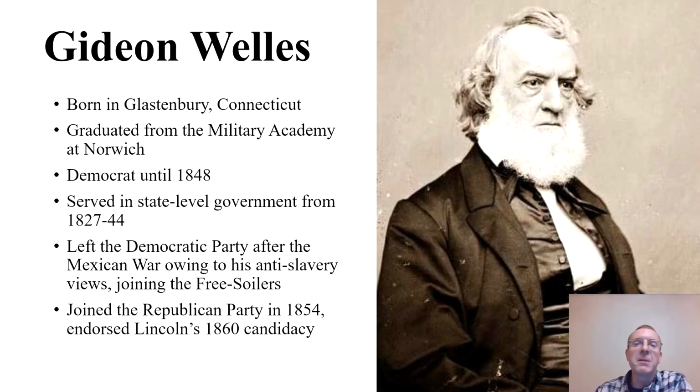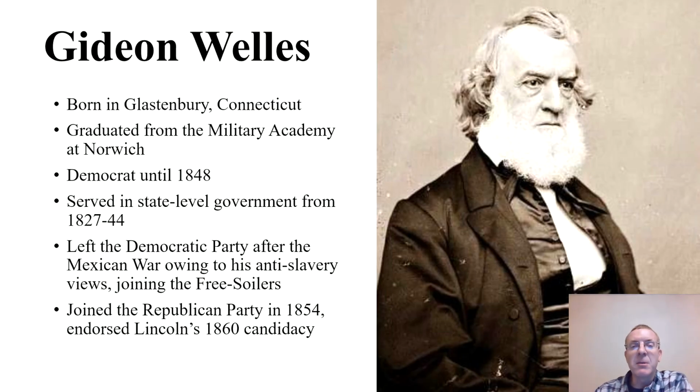He was a Democrat, like a lot of his fellow academy members, and now changes in 1848. Leaves and becomes a supporter of the Free Soilers, which of course becomes a part of the Republican Party in 1854. State level politics is going to be the beginning of his political career, and he will serve in that role for a while, 1827 to 1844.